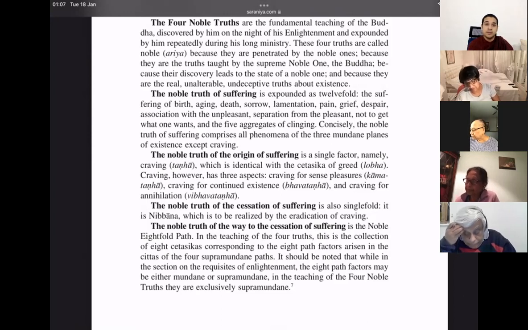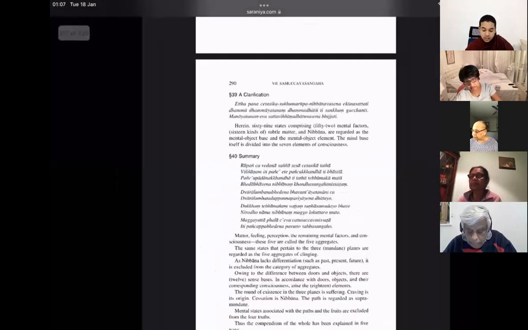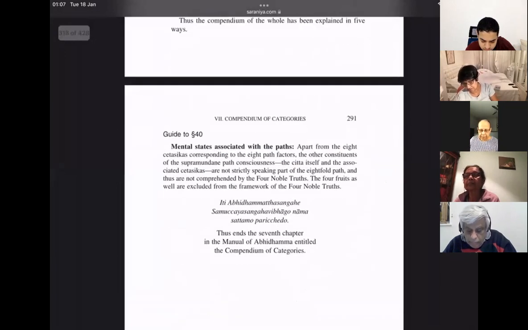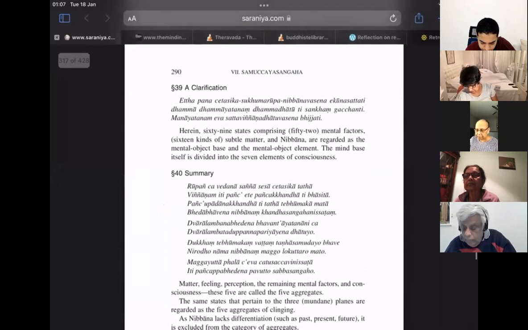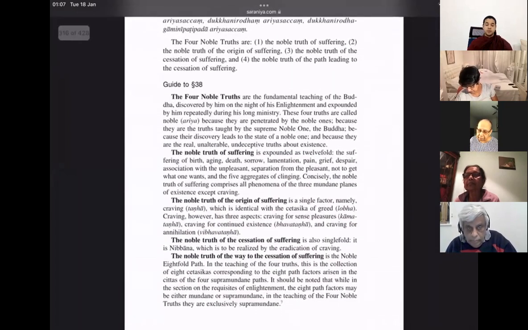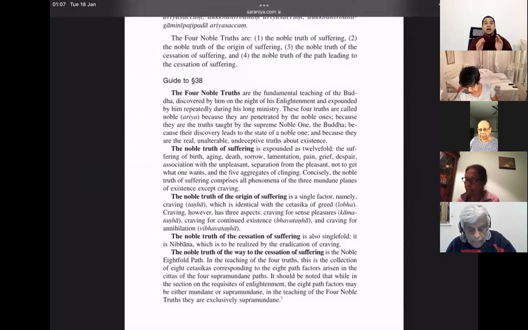Right? Do you understand, everyone? Is that clear? No, that's not clear. So when we take the aggregate of suffering, the noble truth of suffering, we have to take all the dhammas, all the phenomena, all of the consciousnesses, chetasikas, rupas, and nibbana, all of the 4 ultimate realities.